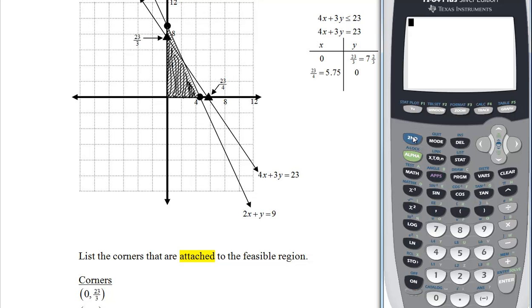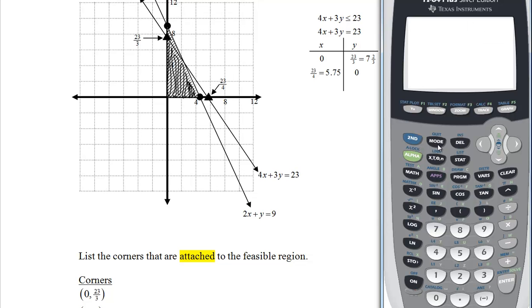So I could do the elimination method or substitution, or I can go to my matrix. Let's go edit. I'll have a 2 by 3, and I'll put them in. I've got 4, 3, and 23. I've got 2, 1, and 9.